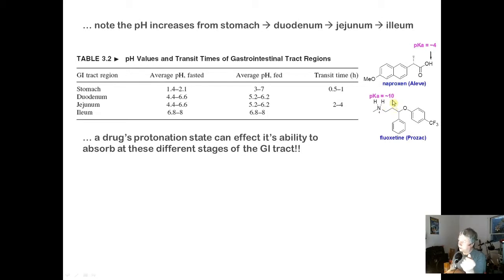Okay, so where is this likely to be absorbed? Well, in the acidic environment of the stomach, it's going to be completely protonated and less likely to pass through a stomach membrane. And even in the duodenum and jejunum, it's still going to be protonated, because only at pH 10 would it be half and half.